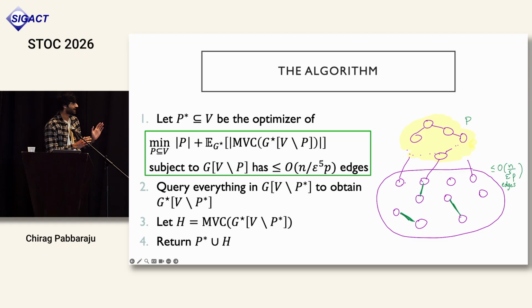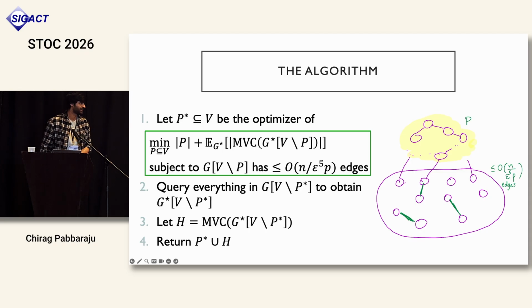So this is the entire algorithm. It's trying to find this nice core subset of the vertices, which is very likely to be in the vertex cover, subject to the rest of the graph being sparse. And in some sense it's almost canonical for the contract that the algorithm has to satisfy.